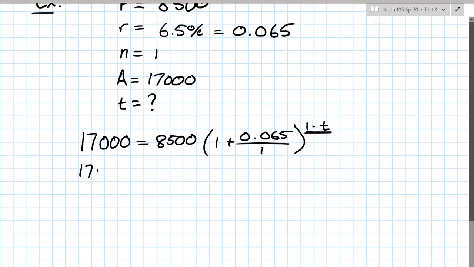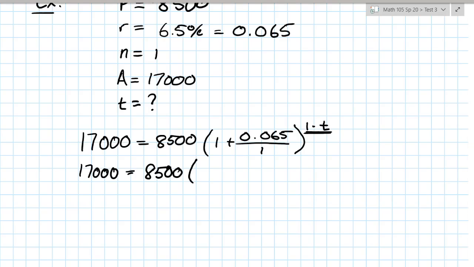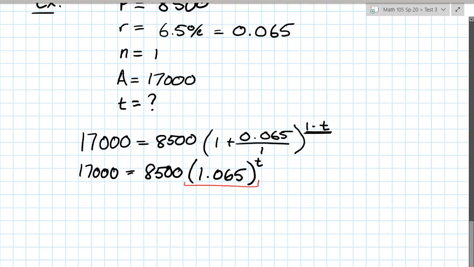So we have 17,000 is equal to 8,500 times 1 plus 0.065 divided by 1 is 1.065, and 1 times t is just t. Since I want to isolate this part, that means I want to divide both sides by 8,500.